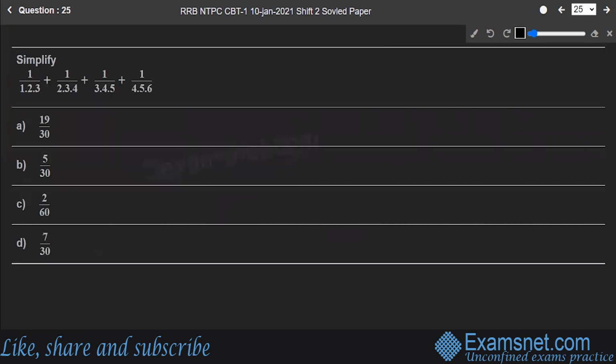Next is question number 25, mathematics question. So you have to simplify the given expression. So a very simple expression, right? You have 4 terms and you have to add them and find out the sum. Okay. So 1 into 2 into 3, this is 1 by 6 plus 2 into 3, 6 into 4, this is 1 by 24 plus 3 into 2, 12, 5s are 60 plus 20, 6 are 120.